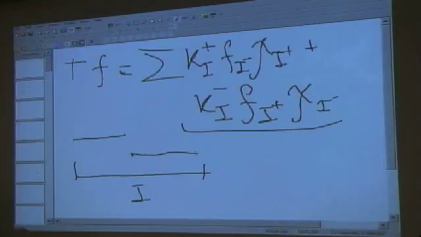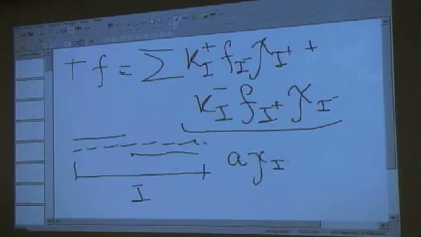Which can be represented as some average, I'll say A, times the characteristic function of I, plus some other coefficient B times the Haar function of I, right? Then what are A and B?